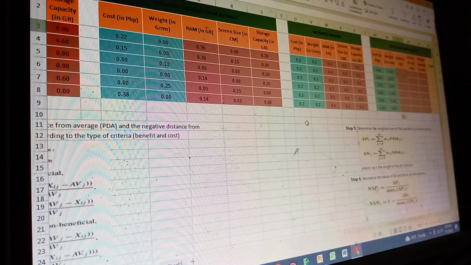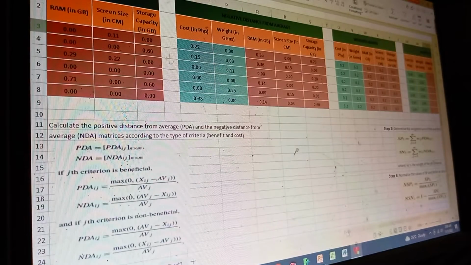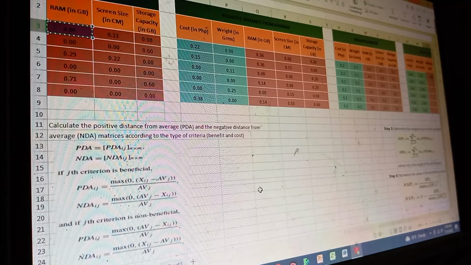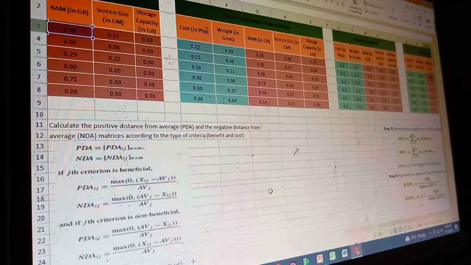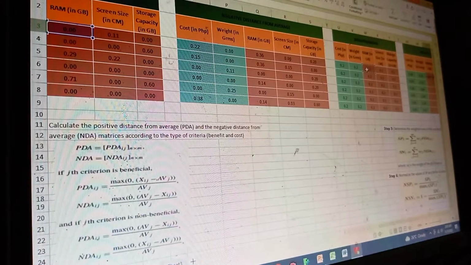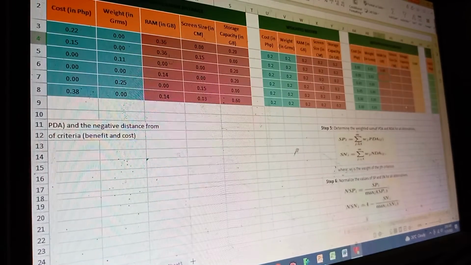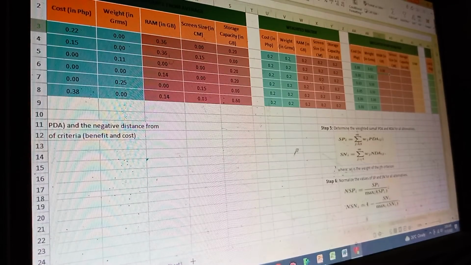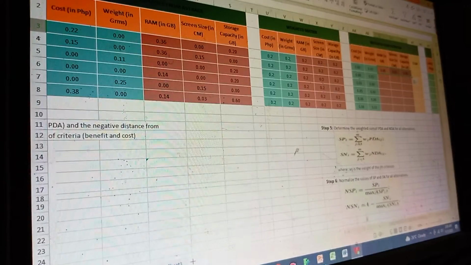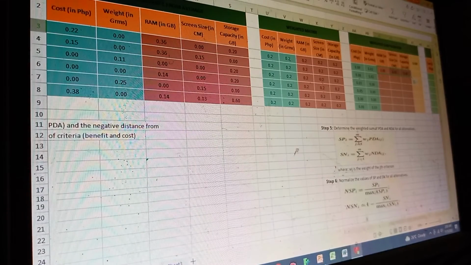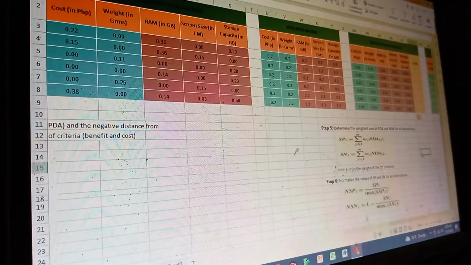This one, the benefit side, is equal to the positive times this one. So, okay.